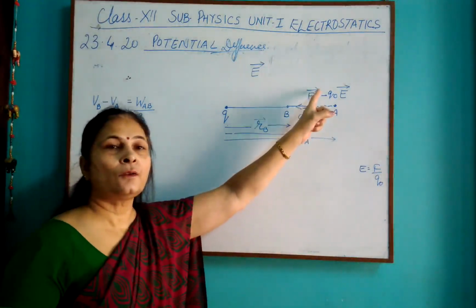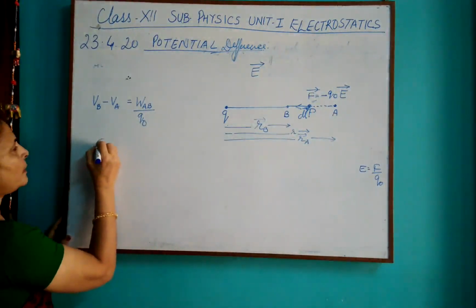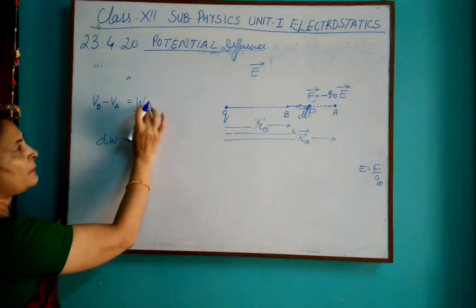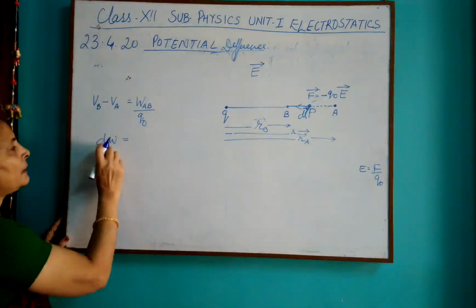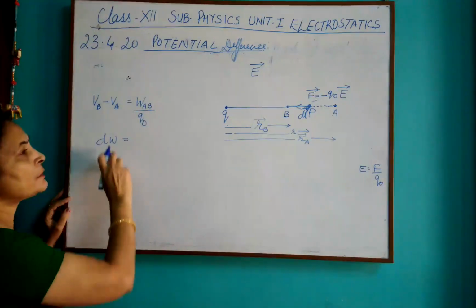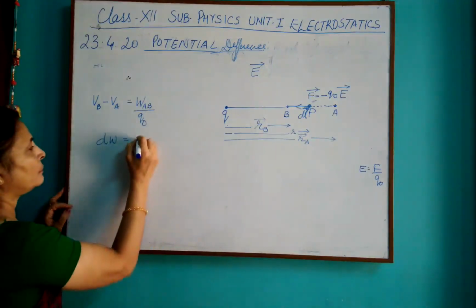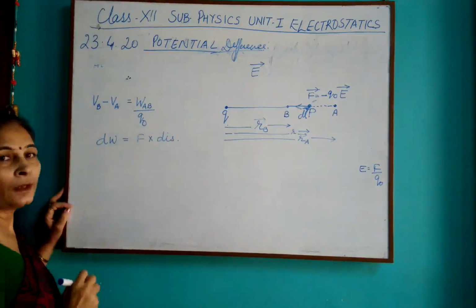Assuming that force remains same, so the small work done, every time I am not going to write down AB, but it is the work done in moving from A to B, and this is the small work done, so we are not writing A and B again. So the small work done will be equal to force multiplied by displacement.